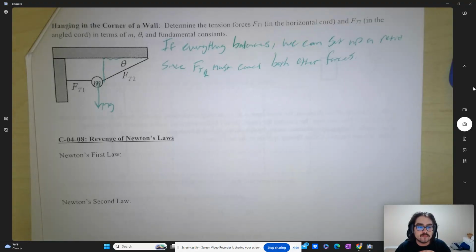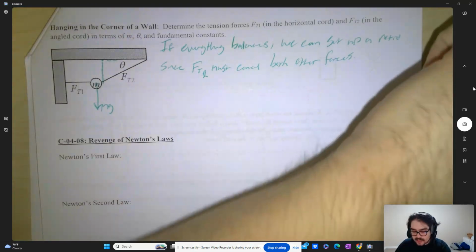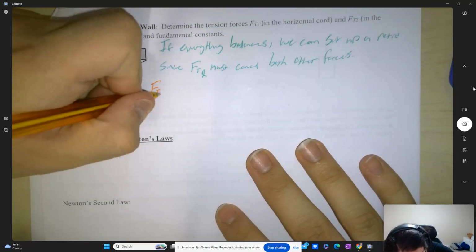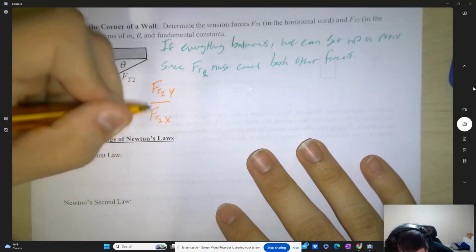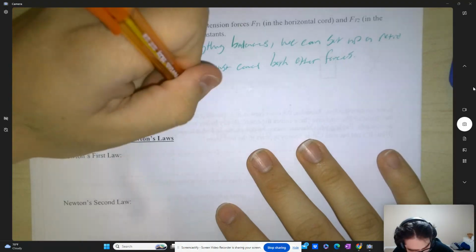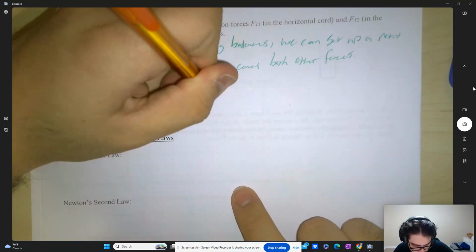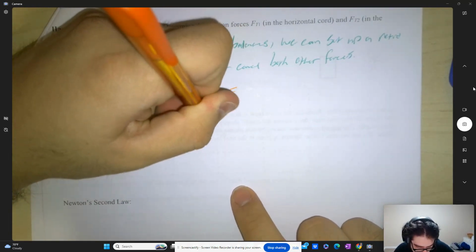So I can set up this ratio: ft2, the y component, over ft2, the x component, needs to be equal to the vertical forces over the horizontal forces.